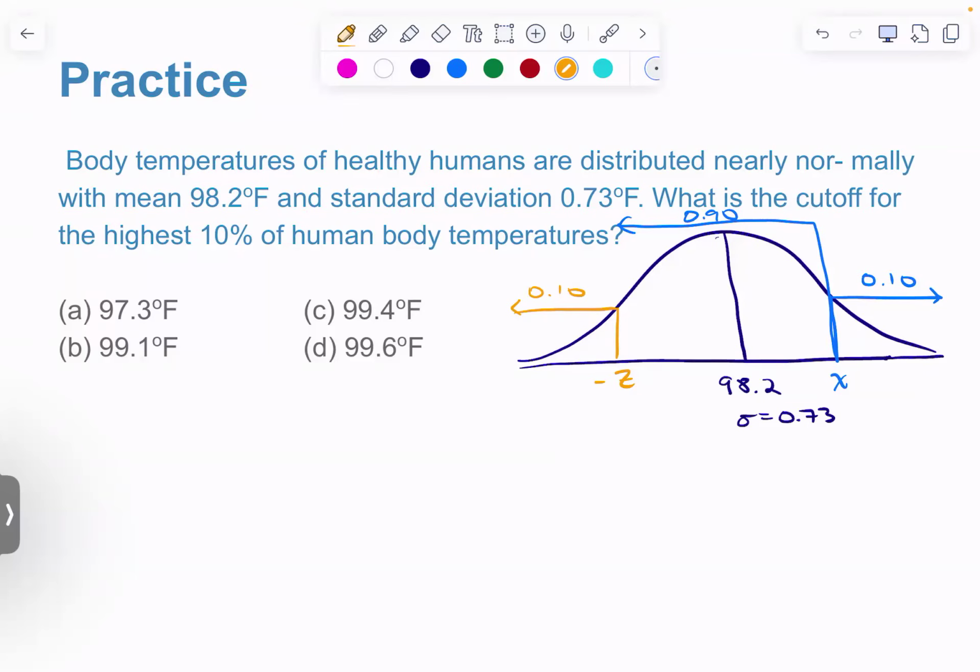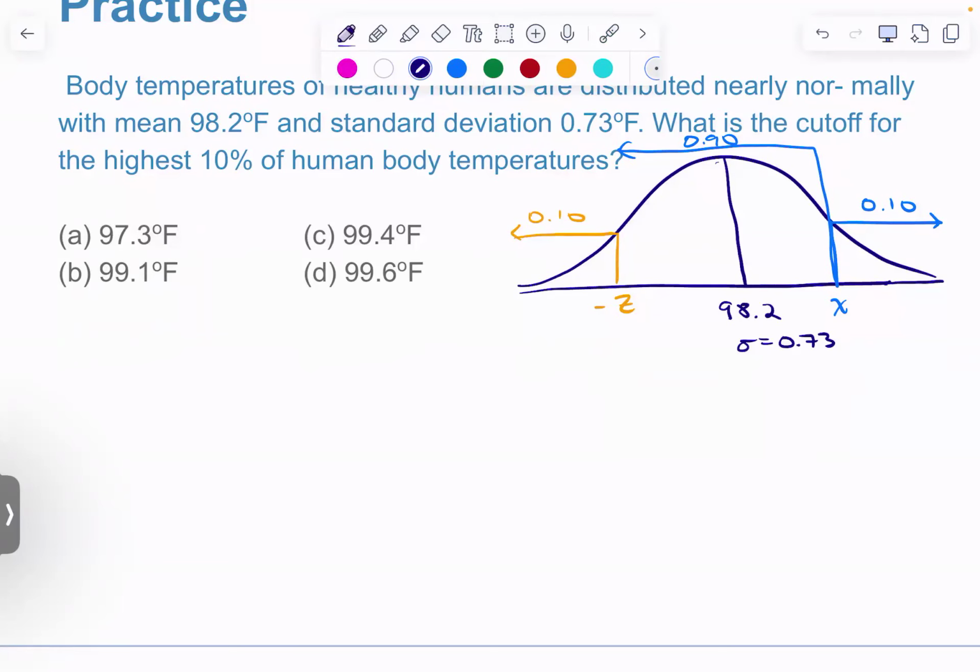And then by symmetry, this x would be at the positive value of that Z. Like I said, I'm going to use the 0.9, but if you try it using the lower one and then flipping it, then you'll find the same answer.